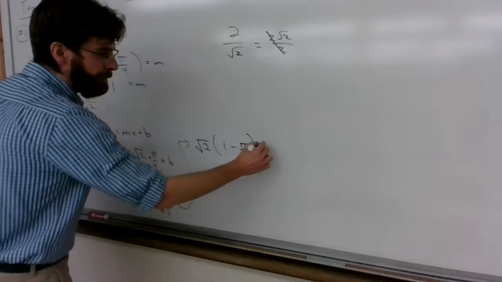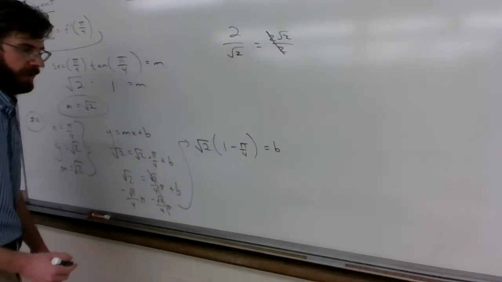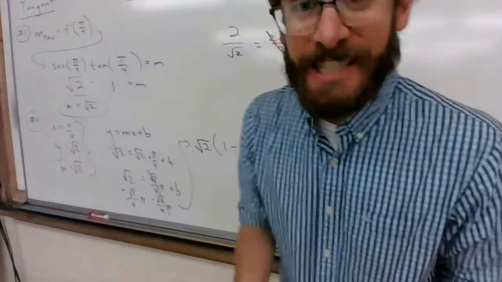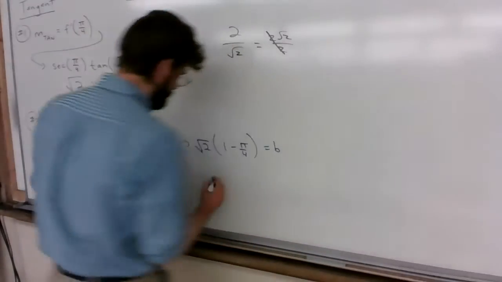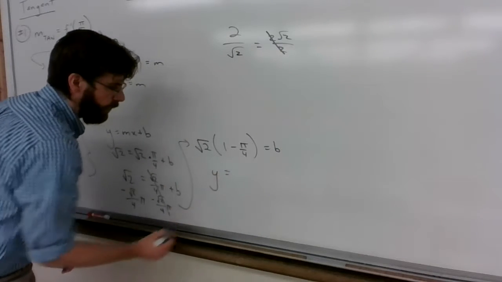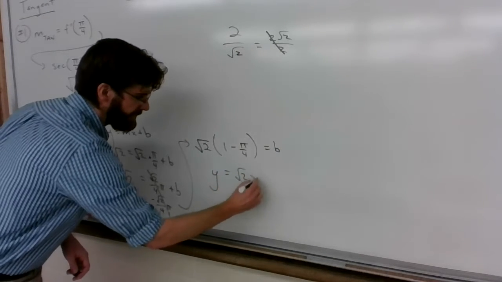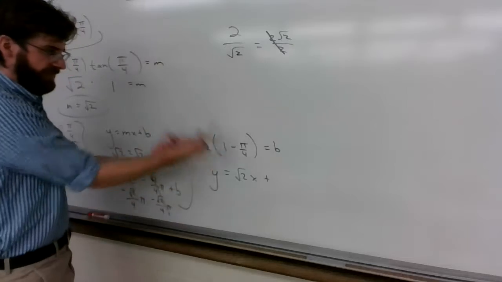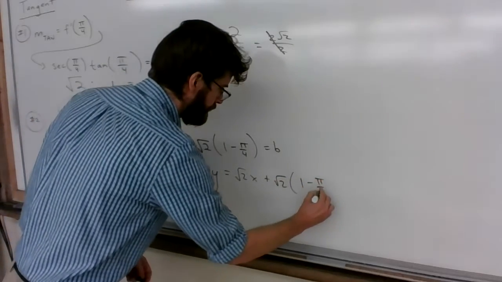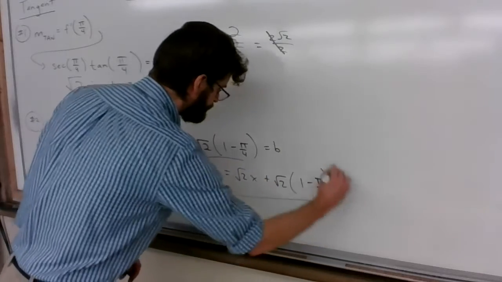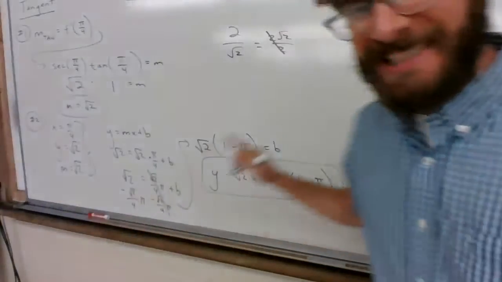And they say, that's our b value. I don't know if you necessarily need to do that, but that's a way of simplifying. So y equals root 2 x plus that.